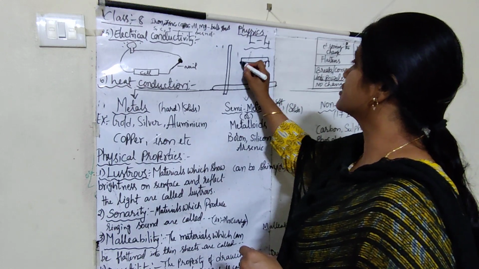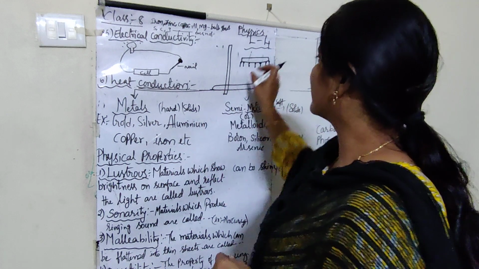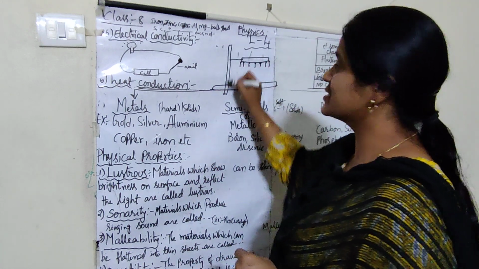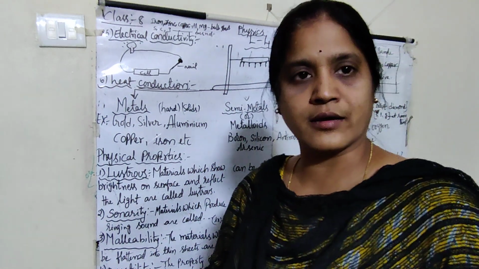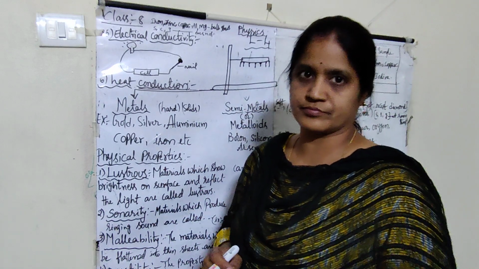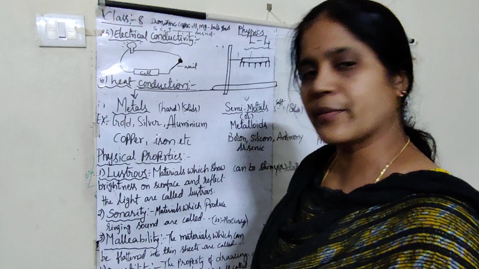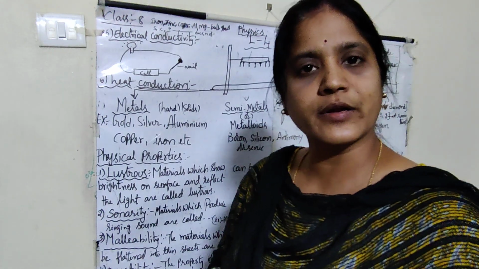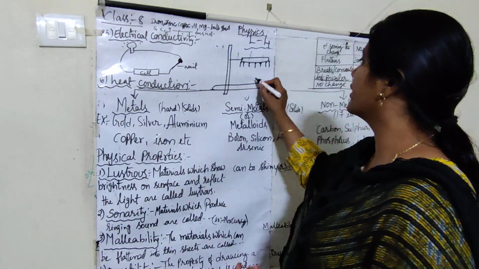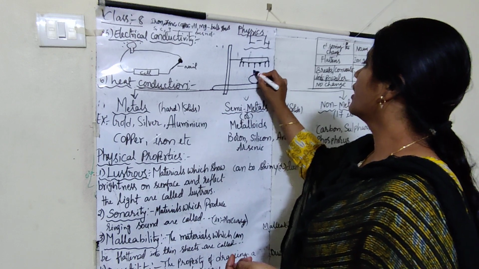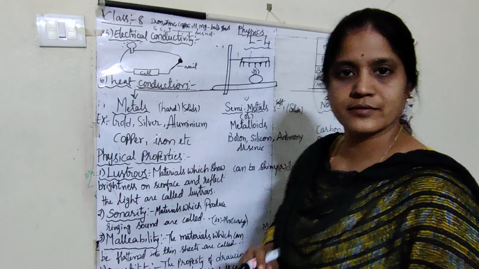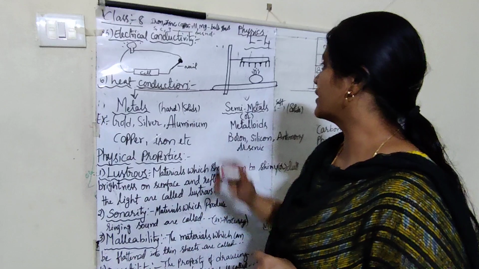You fix all these nails, and this rod you fix to this stand, and take any flame, either a candle or a Bunsen burner, anything, and start heating that metal rod.